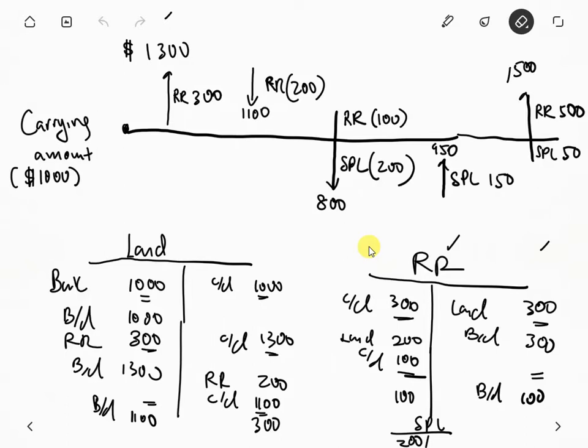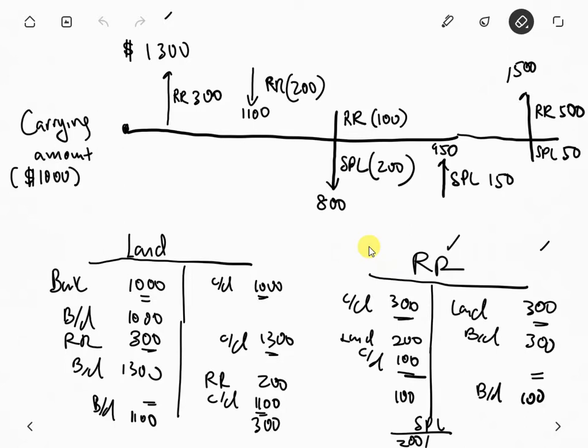If you're not clear, I buy at 1,000. First year, I revalue down by 200 to 800. 1,000 straight away down to 800, expenses 200 in P&L. From 800 increase to 950, income, because last year expenses 200, this year income 150.